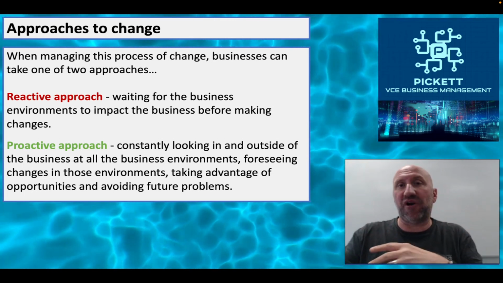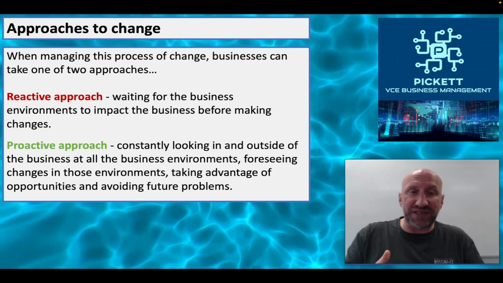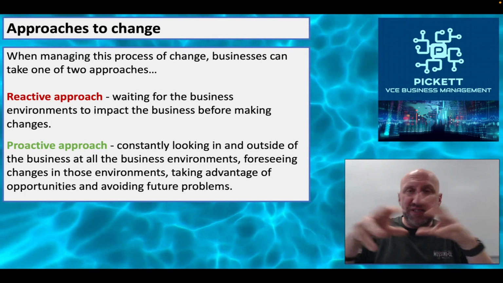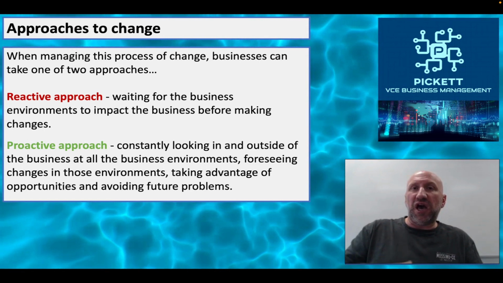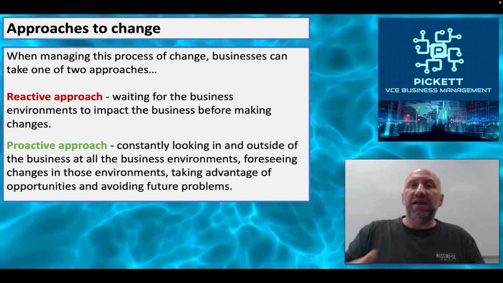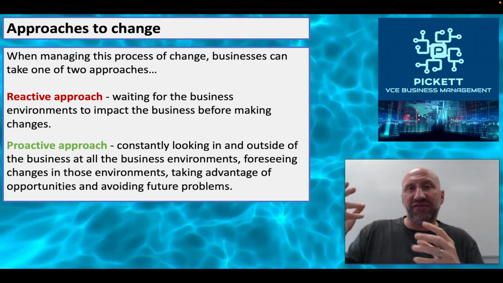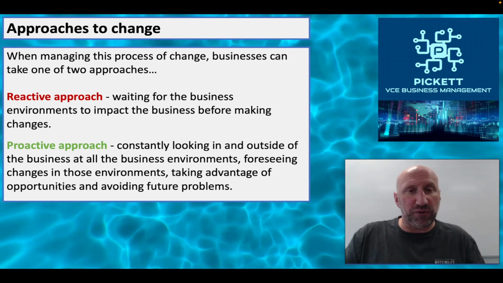Or we could be proactive, which means we are constantly looking in and outside of the business, at all of those business environments and all those different elements and factors that exist within them, and foreseeing changes in those environments. Then we have the opportunity to take advantage of any changes early and avoid any future problems.